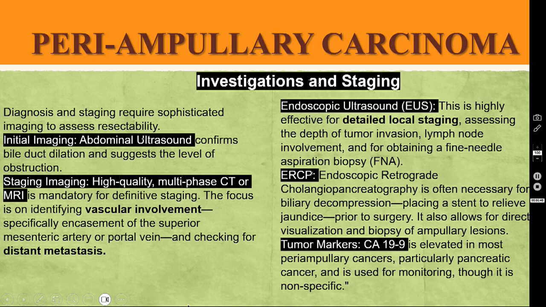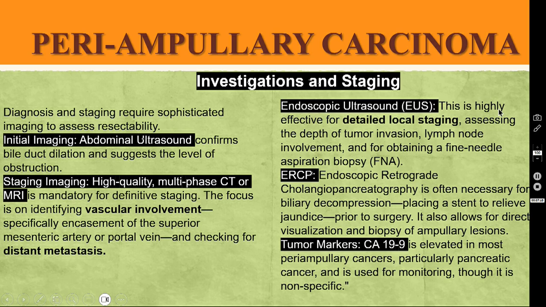Coming to the investigations and staging, the initial imaging is abdominal ultrasound, which confirms the bile duct dilatation and also suggests the level of obstruction. Then a high quality multi-phase CT scan, or we can do MRI, to rule out any vascular involvement or distant metastasis.